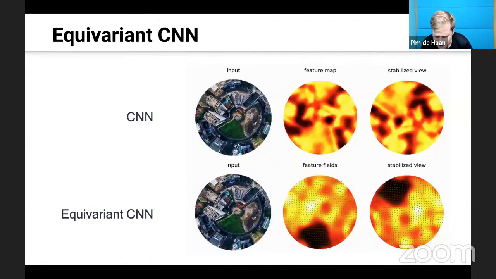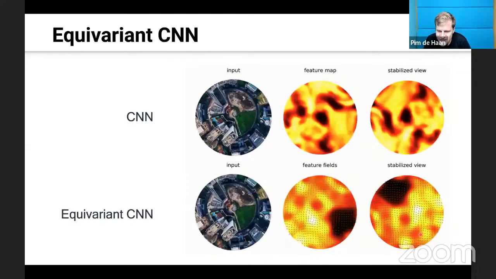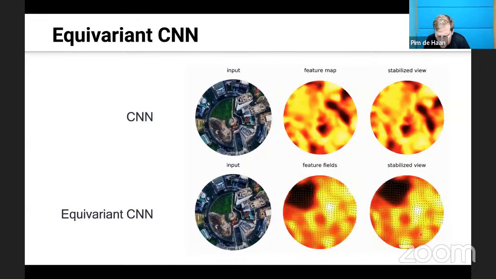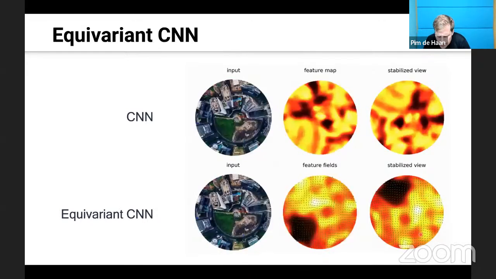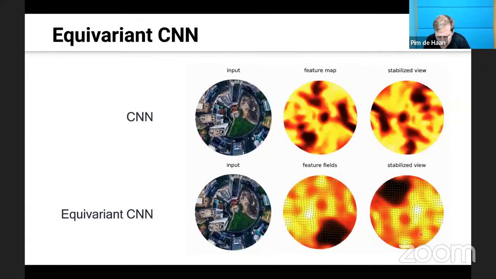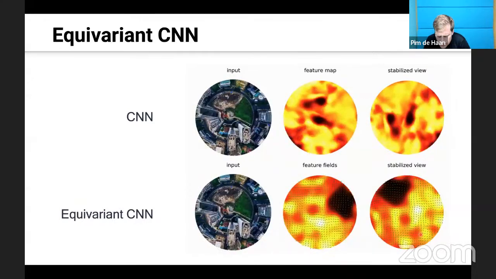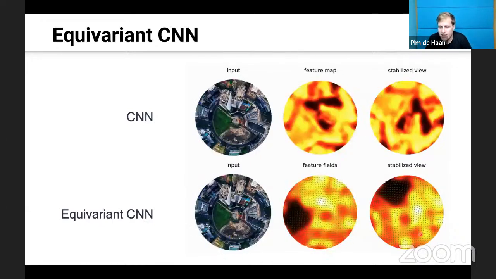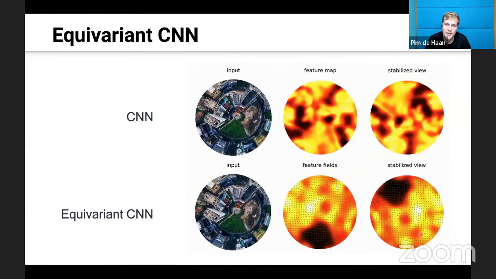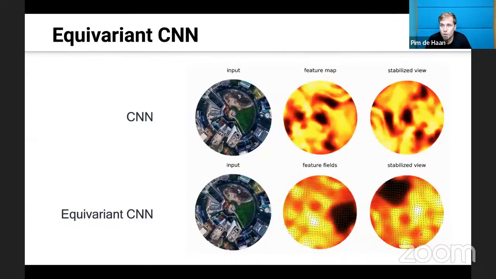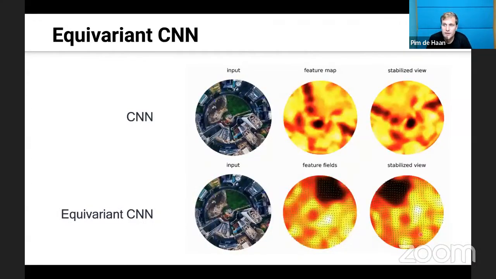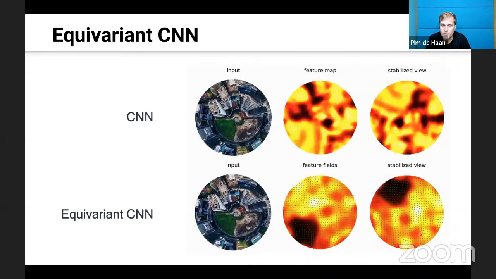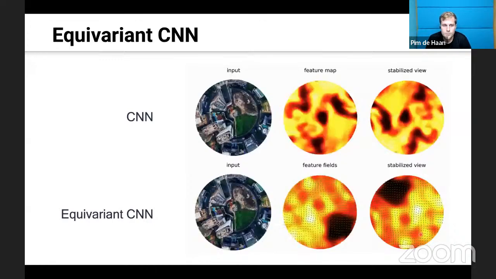Next question: do equivariant CNNs outperform traditional CNNs in metrics? So I guess the question is, in practice, is it always better to use an equivariant CNN? First of all, if your problem is equivariant, or it does have a symmetry, only then can it make sense to use equivariance.